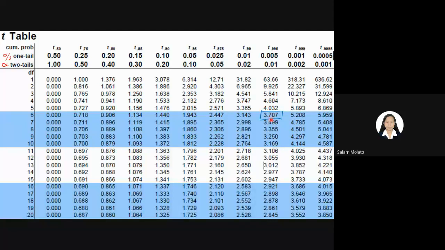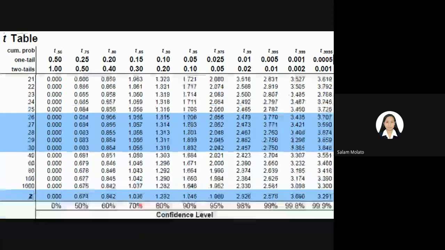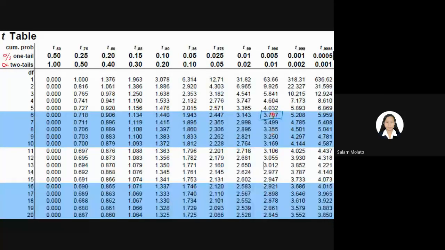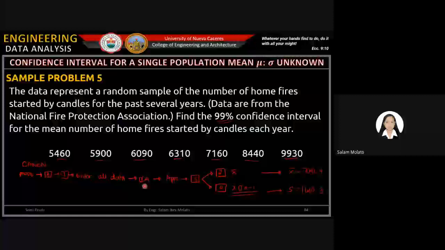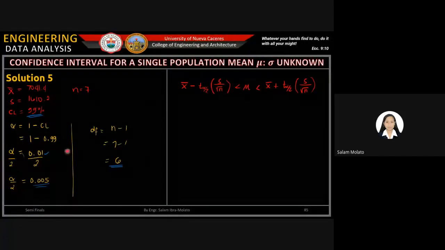Or, we can use the CL or the confidence interval that is 99. Kapag tinignan natin to sa table, sa baba nito, simula dito, ikatlo, di ba? So, 99, andito. So, again, it will give you the same. So, 99%, it will give you 3.707. So, meaning, if you're going to use this table, actually, pinakita ko lang sa inyo paano pag-compute ng mga ito.